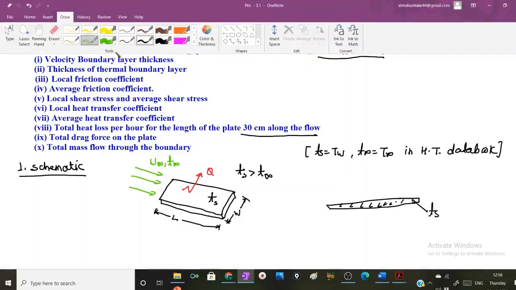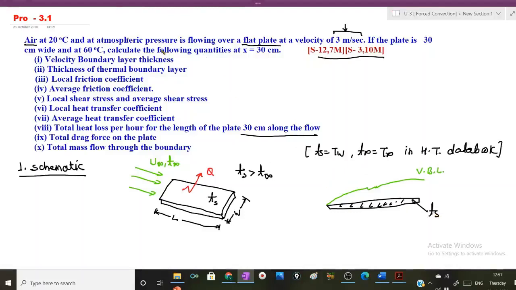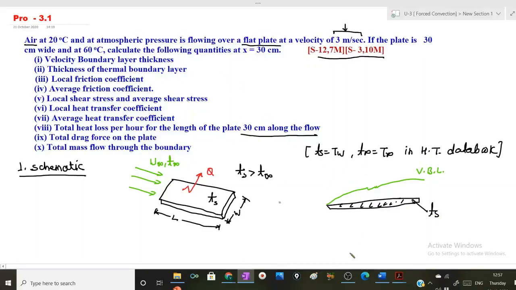And what happens when the fluid is flowing over this flat plate, boundary layer formation can take place. This is nothing but velocity boundary layer. Okay. And we are supposed to calculate some of the parameters at the distance x from this leading edge. This is called as leading edge of the flat plate.